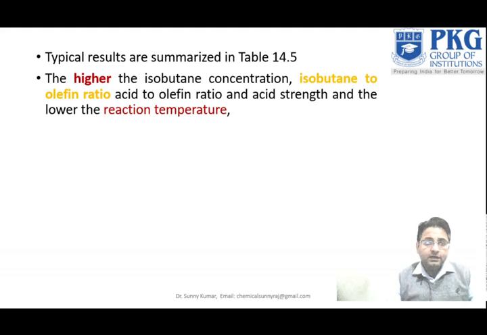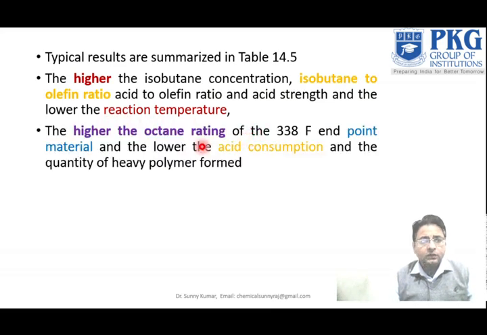The higher the isobutane concentration, isobutane to olefin ratio, acid to olefin ratio, and acid strength, and the lower the reaction temperature, the higher the octane rating of the 338 Fahrenheit endpoint material, and the lower the acid consumption and the quantity of heavy polymer formed.